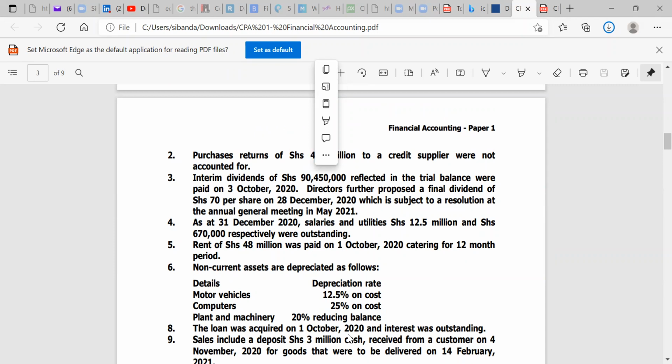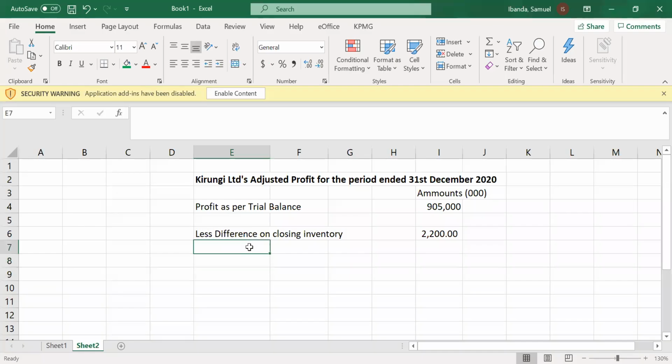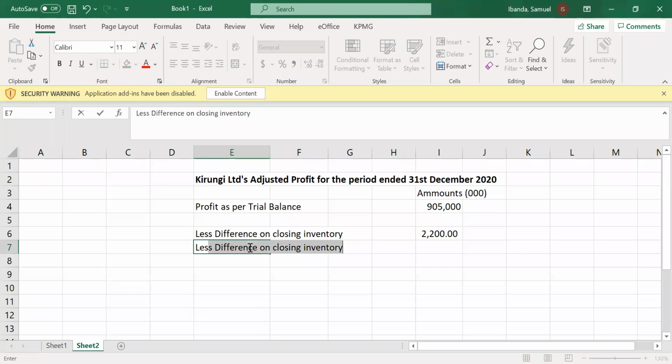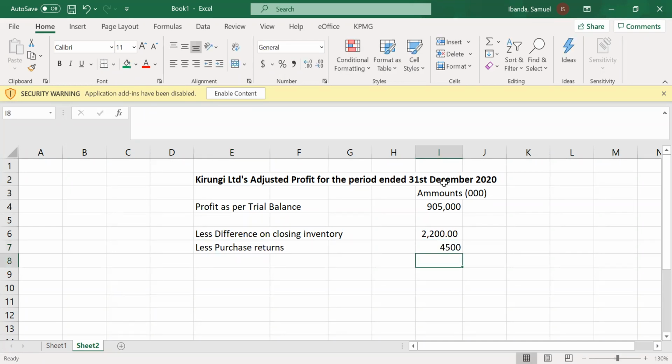So when I'm preparing my adjusted profit, I have to come here and recognize the purchase returns, okay? So I'm going to less the purchase returns that were not recognized by the value, which is 4,500.